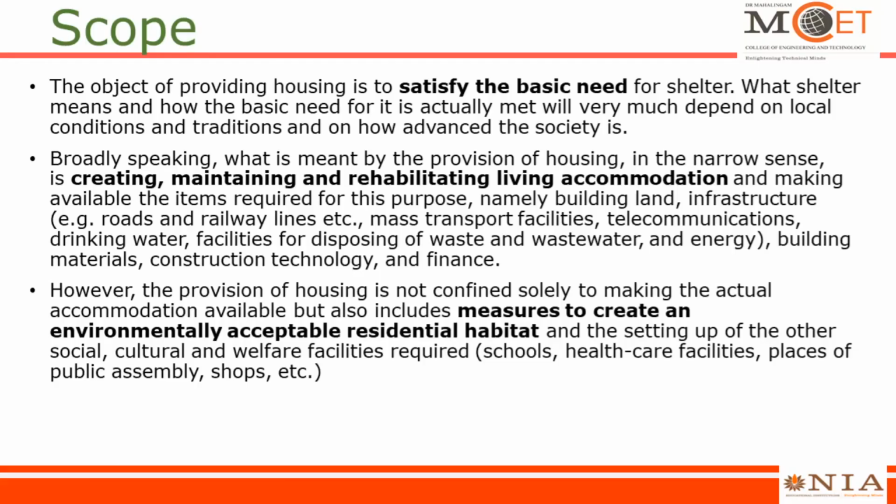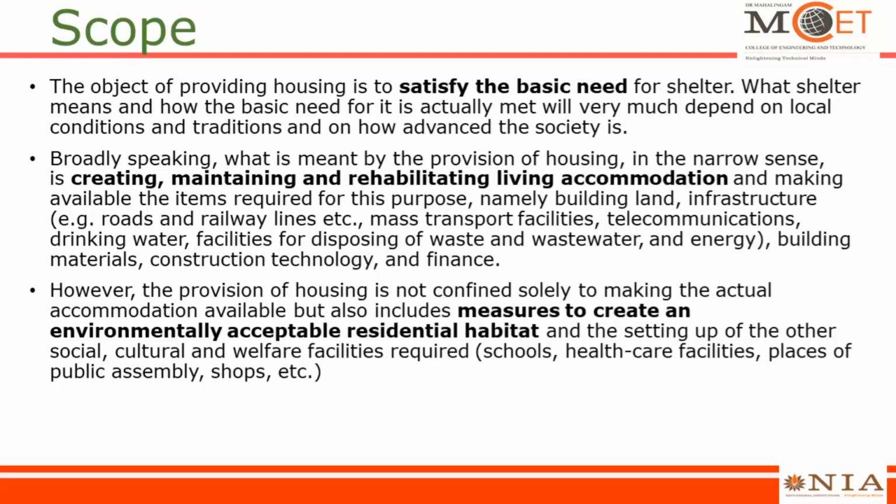Scope. The object of providing housing is to satisfy the basic needs for shelter. What shelter means and how the basic need for it is actually met will very much depend on the local conditions and traditions and on how advanced the society is, right? So in villages you don't see any apartments or high-rise buildings, big towers and so on, right?